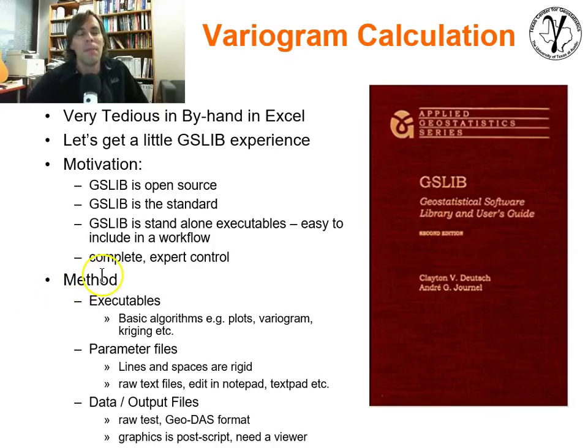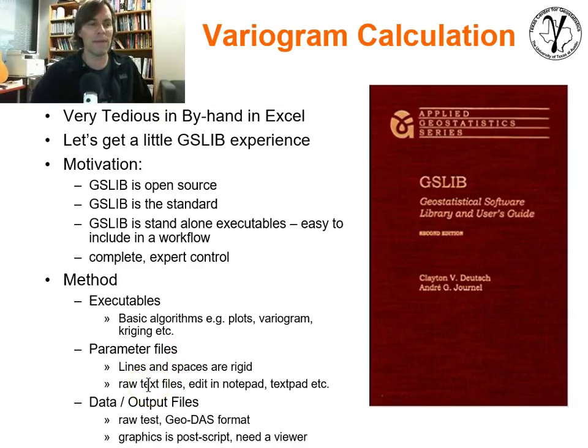Okay, the main point is we go back to GSLIB, we get back to the fundamental tools, and we'll have a better understanding. The method, you have a set of executables with the basic algorithms. You put them together in a workflow. You have parameter files, and they are ASCII files with just the variables, and they'll have comments so you know what each one of those are.